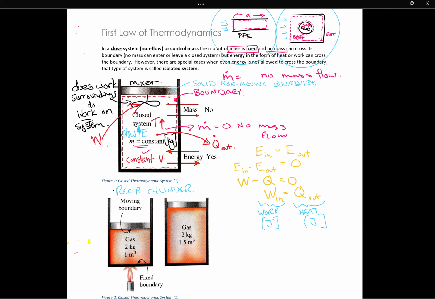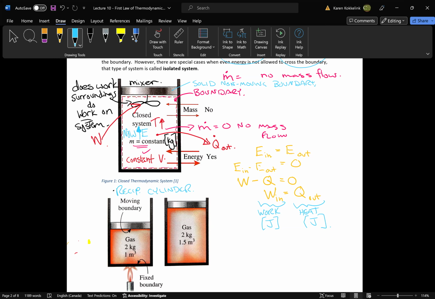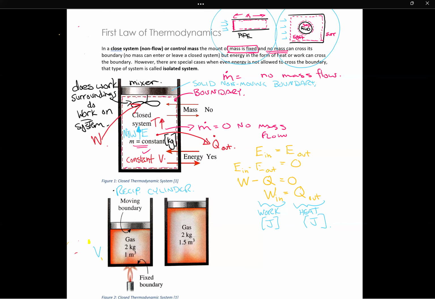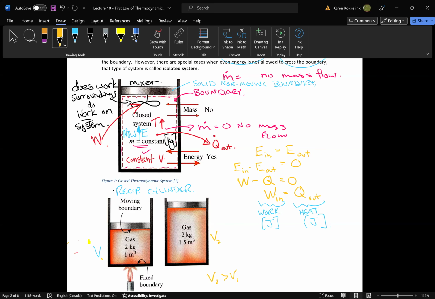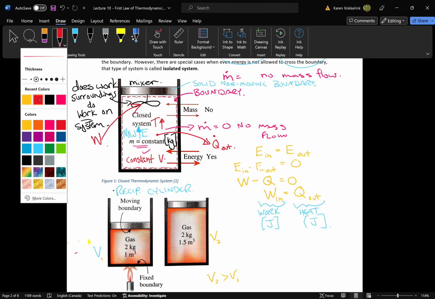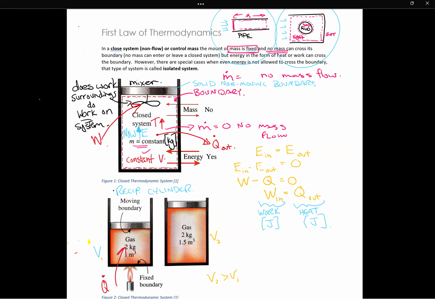So here I have a volume 1 and I have a volume 2, and volume 2 is greater than volume 1. And oh, it looks like in this system we added some energy. It looks like you put some Q dot inside here from a flame. That's definitely some heat energy, adding heat over time.